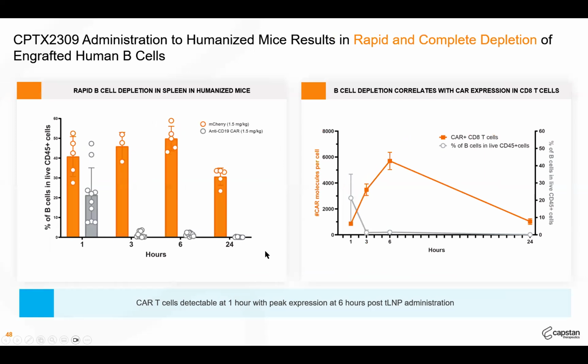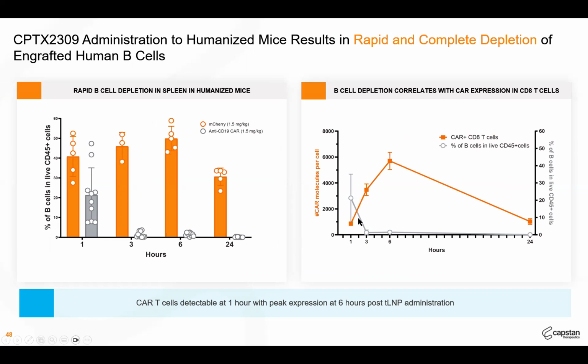And in humanized mice, targeting CD19 with a CD8 targeted lipid nanoparticle, we see rapid B-cell depletion within hours. So this is 3 hours after intravenous administration of targeted lipid nanoparticles with a CD19 CAR.